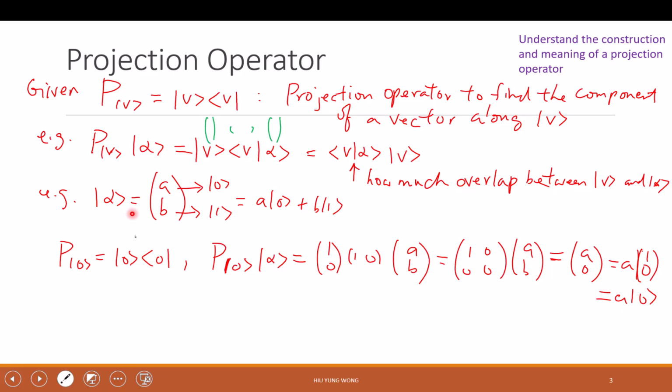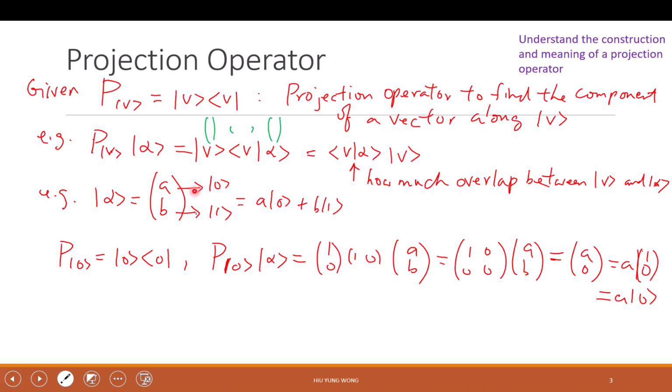Another example: what if I have alpha equal to AB? Then what is the dimension of this vector? What's the dimension of alpha? 2, because I describe it by 2 numbers. And it's equal to A0 plus B1.